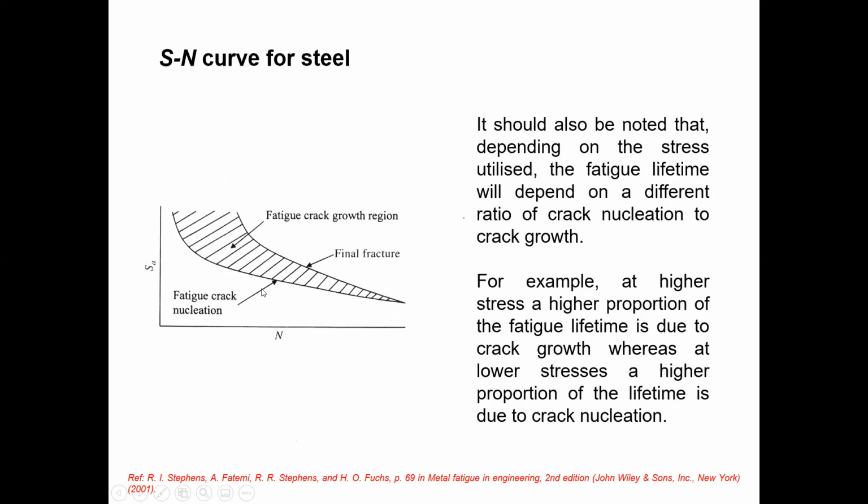N means number of cycles again, and S we can call stress. Stress is normally sigma, but in fatigue you label it as S. I need to mention one important thing: you can't get one exact single line from experimental data.